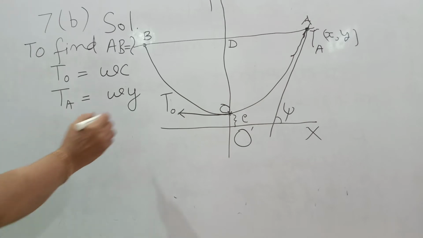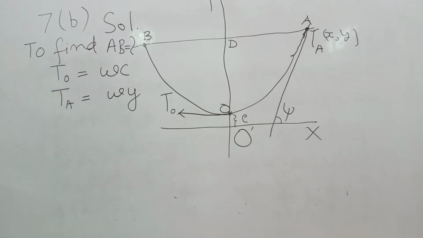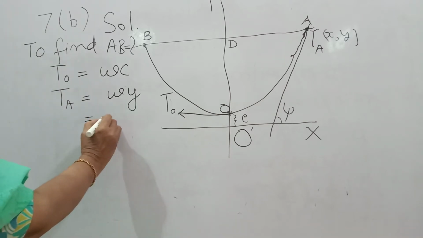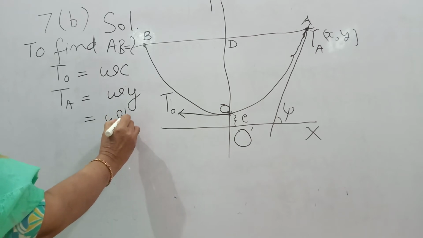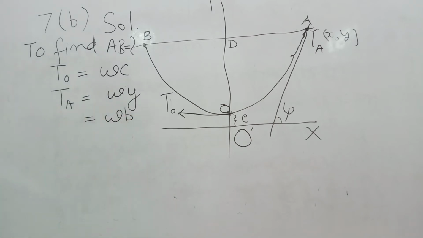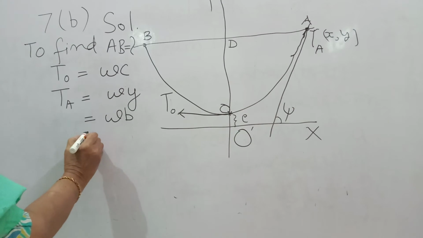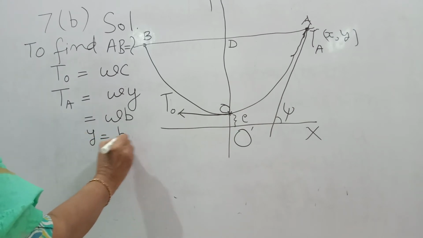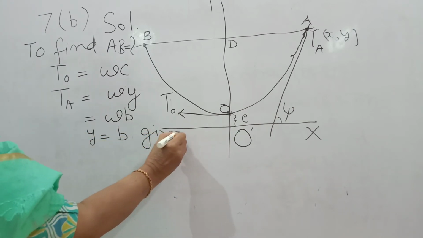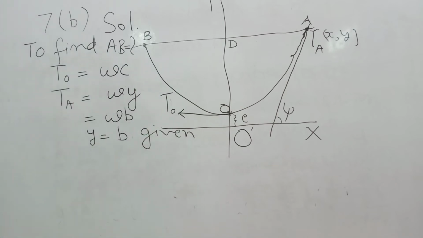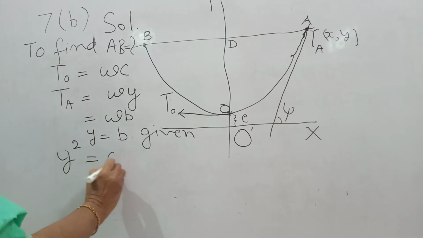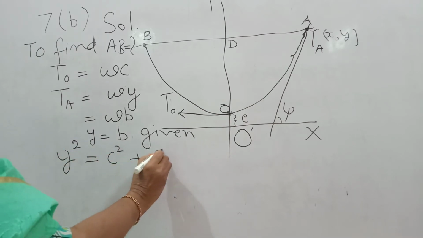Now y is given as b, isn't it? It is given. So the next formula which we are going to use is y square is equal to c square plus s square.